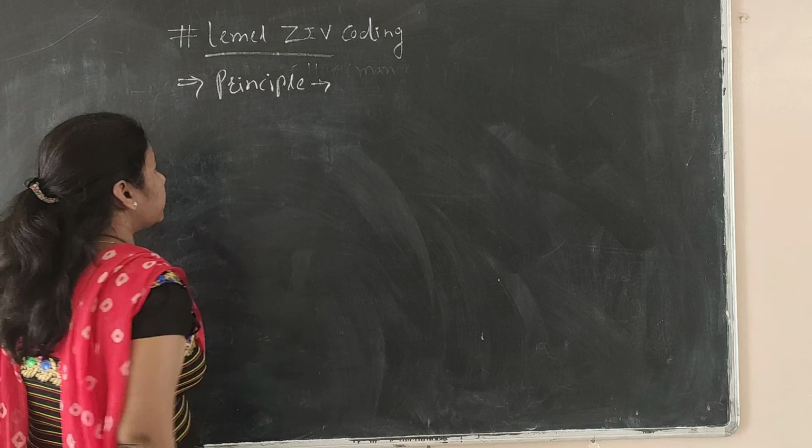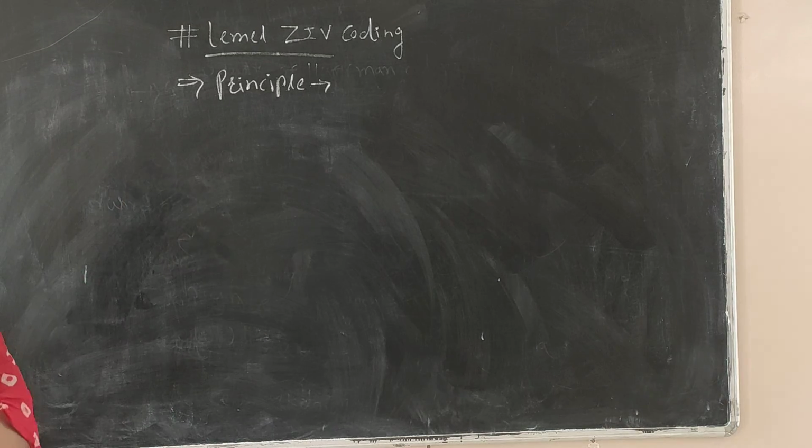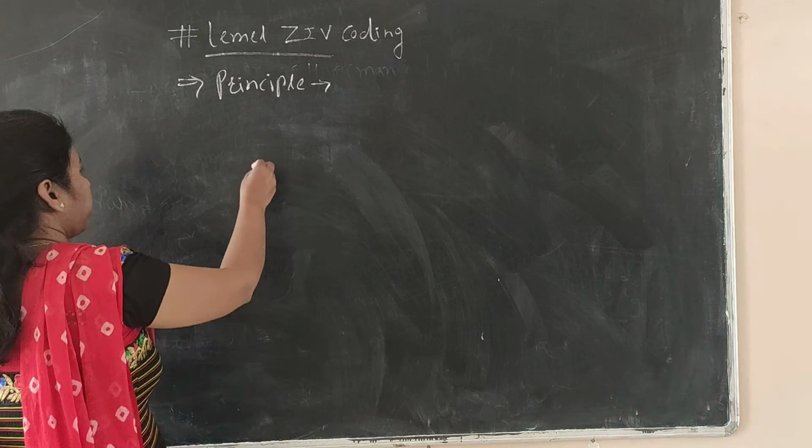The principle of the Lempel-Ziv coding of this information source and theory is that the encoding in this algorithm is done based on parsing the source data stream.